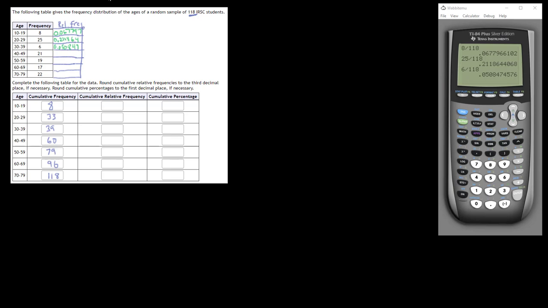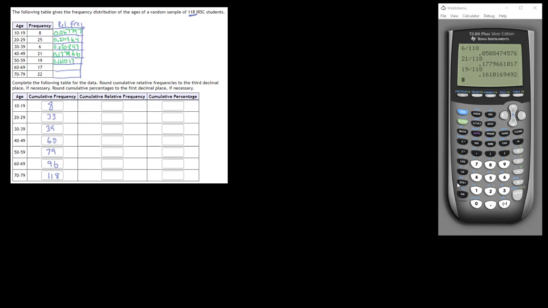Then 21 divided by 118 is 0.177966. Then 19 divided by 118 is 0.161017.